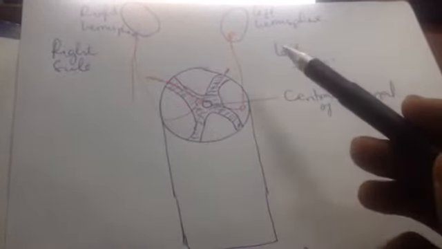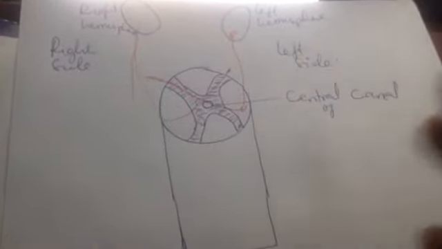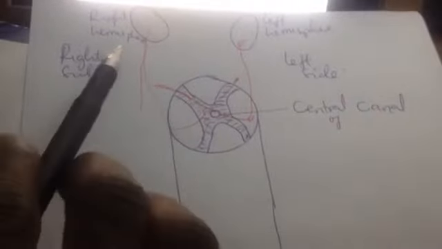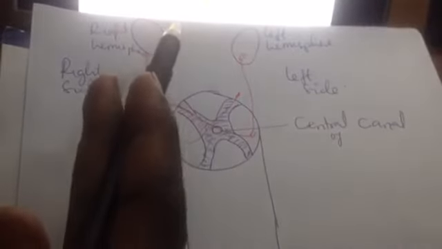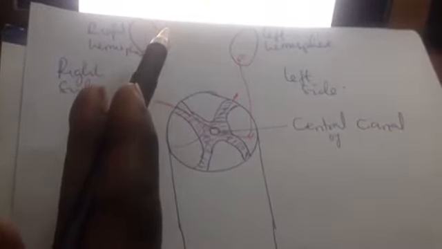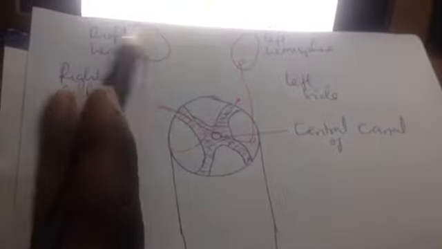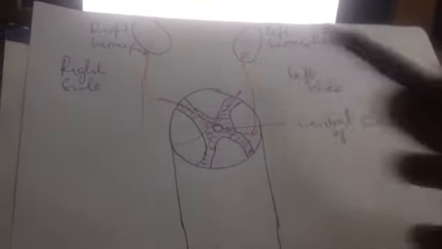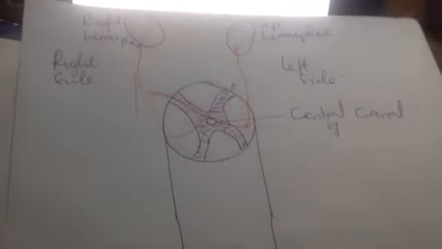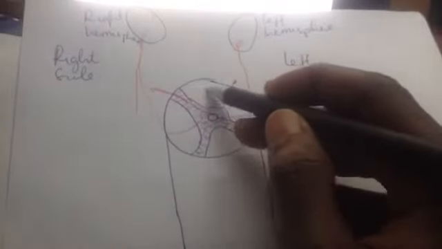So this means pain and temperature sensation from the right side of the body is translated contralaterally. That is, the pain and temperature fibers carried from the right side of the body are connected with the left hemisphere, and vice versa. So that is it.